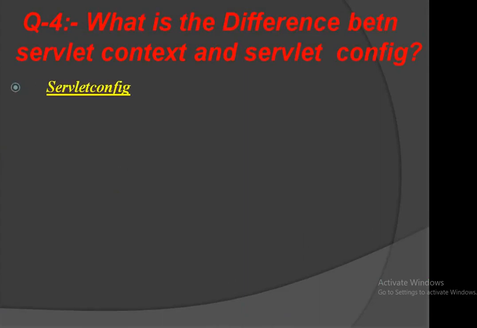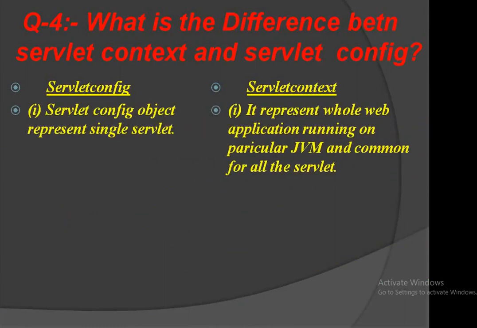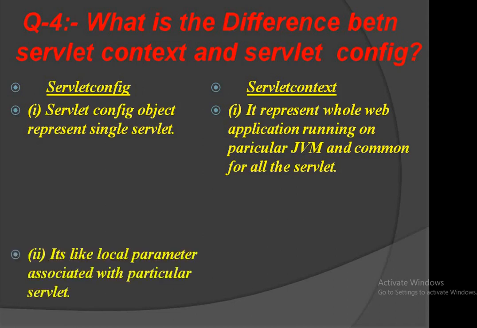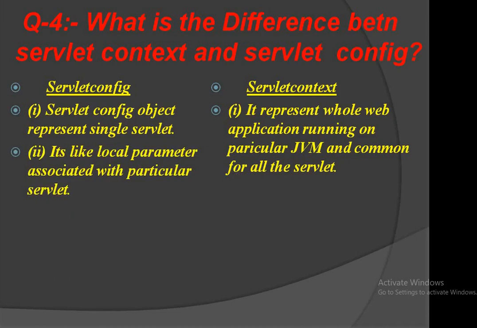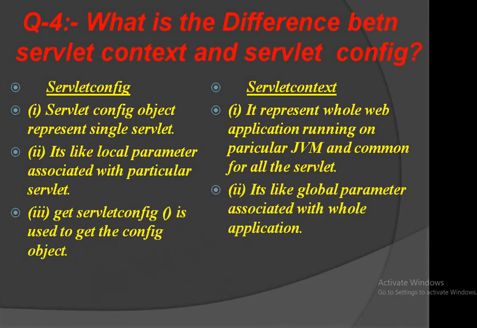What is the difference between ServletContext and ServletConfig? Both are objects. The ServletConfig object represents a single servlet, while the ServletContext object represents the whole web application running on a particular JVM and is common for all servlets. ServletConfig is like a local parameter associated with a particular servlet, but ServletContext is like a global parameter associated with the whole application, accessible through all servlets.